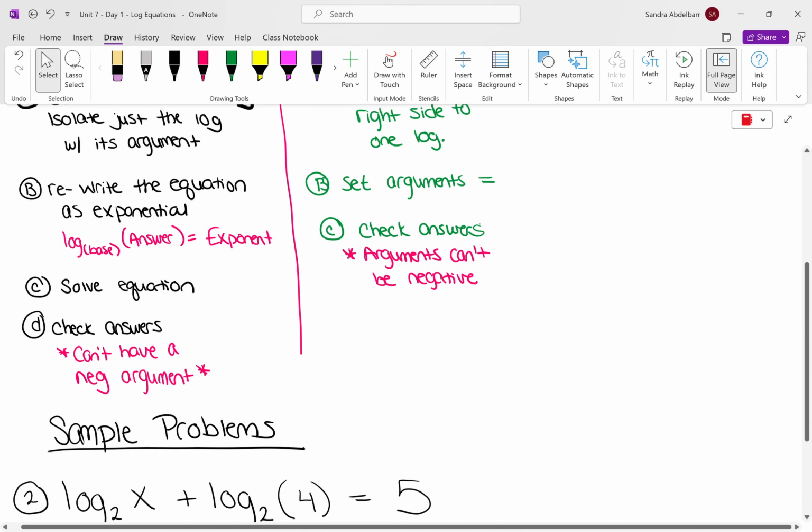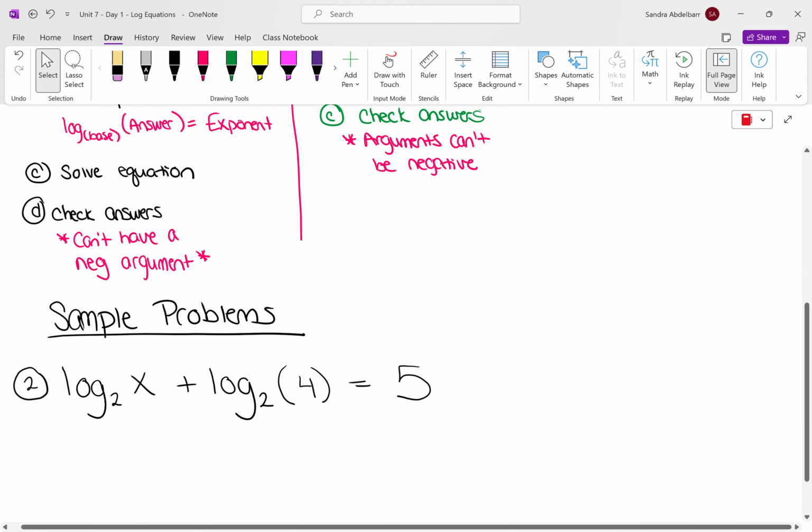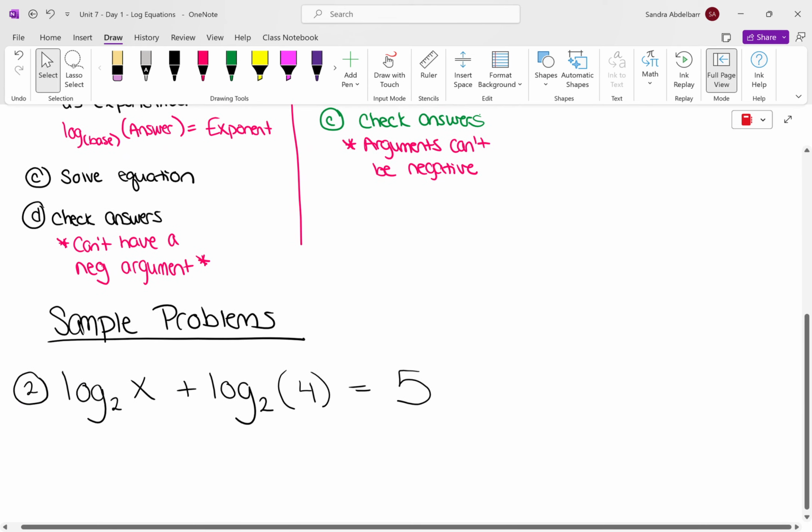Okay, so which scenario is this? Is this our first case where log equals a number or where log equals another log? It is our first scenario where log equals a number.